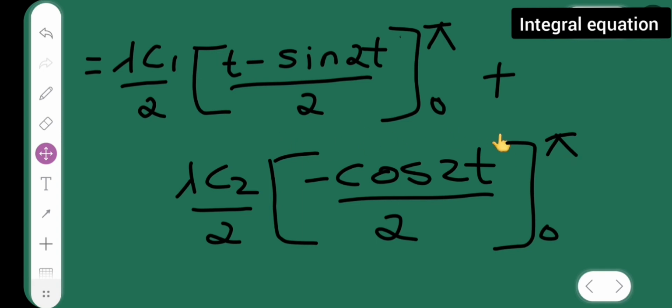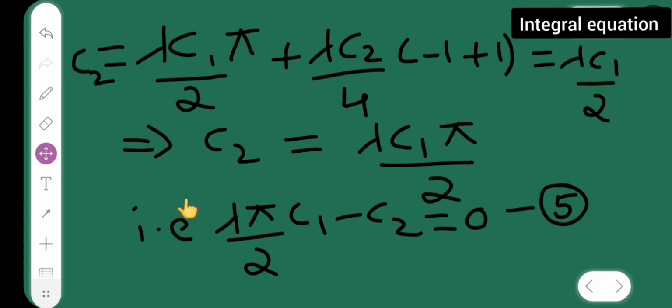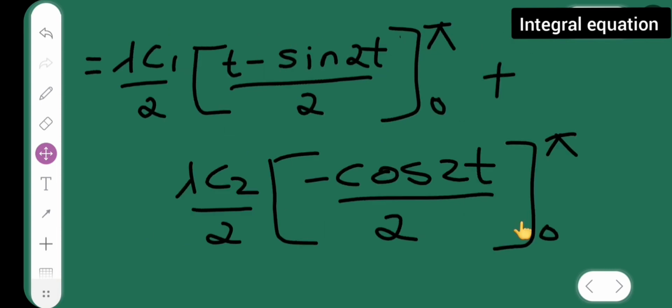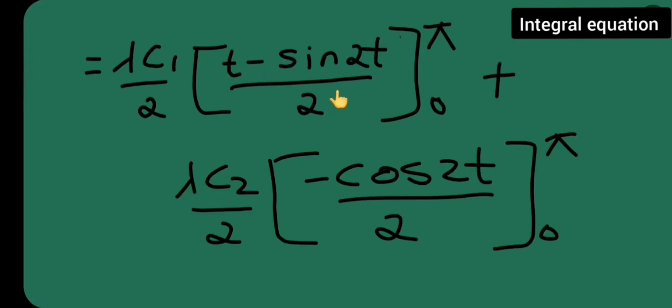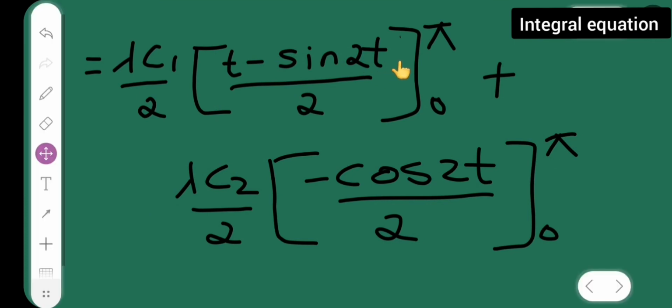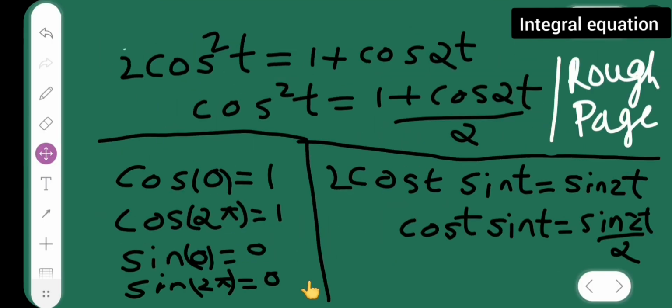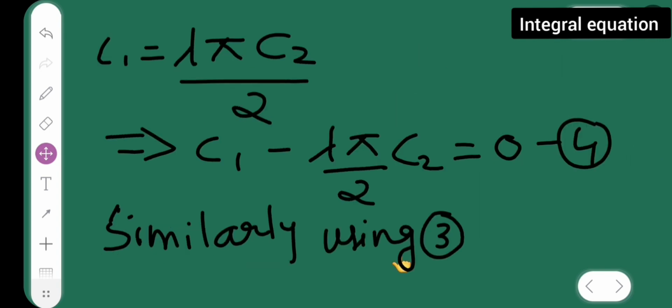So finally, from this and this, what I will get is c2 is equal to lambda c1 upon 2 times pi, plus, now sine of 2 pi is 0, from here, yes, sine of 2 pi is 0.